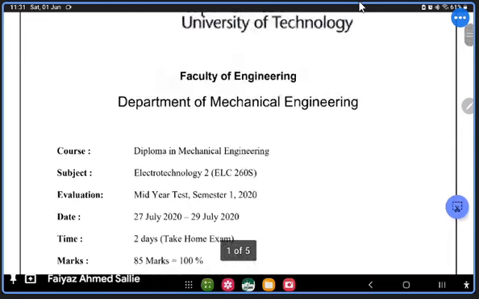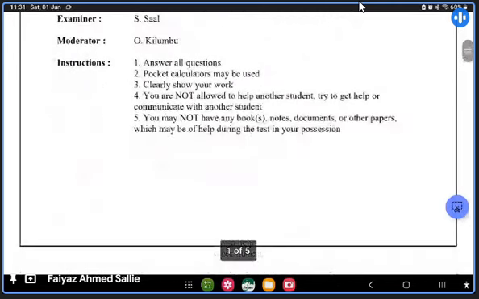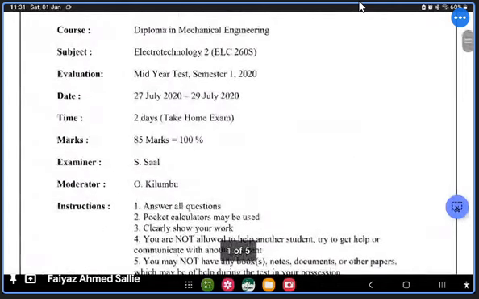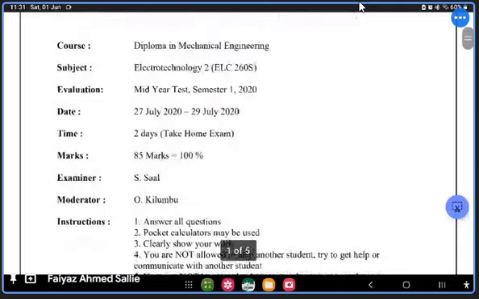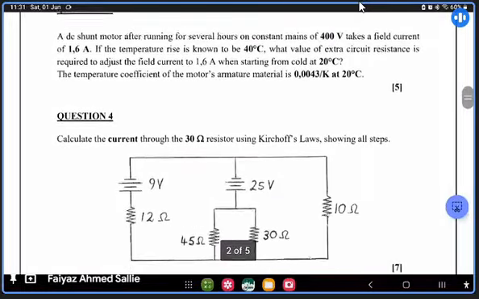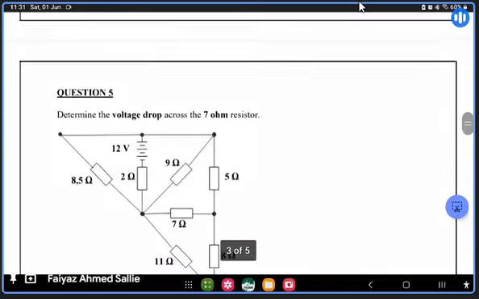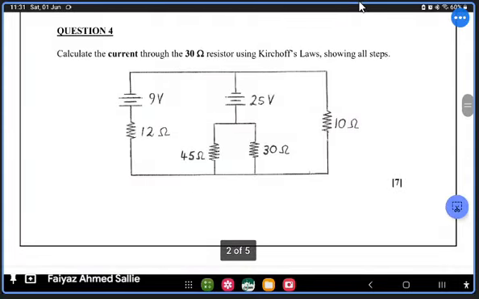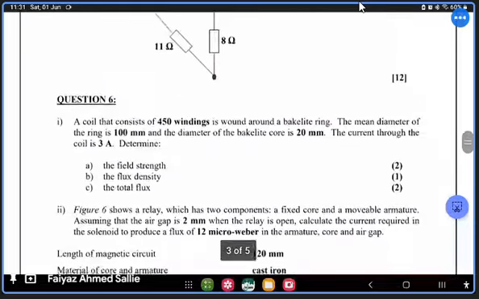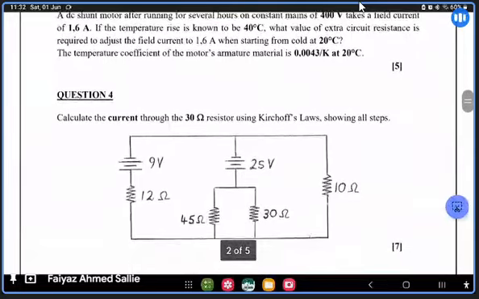So yeah, must have been lucky, right? But I think it should be 2 hours for you guys. Sorry, not 2 hours, 3 hours for this question paper. You guys should take about three hours for this question paper. So let's do question number 4.